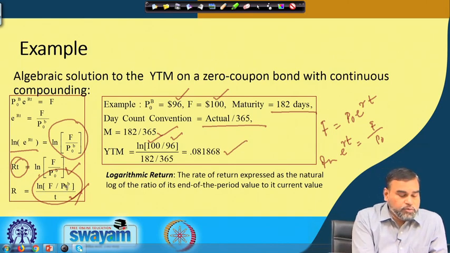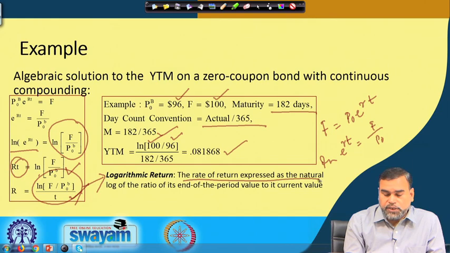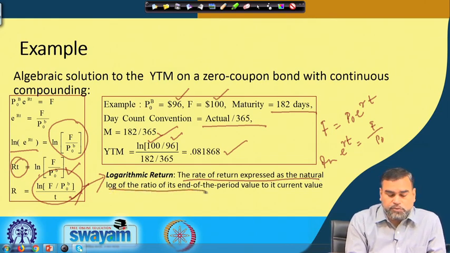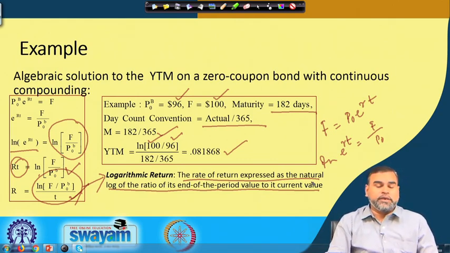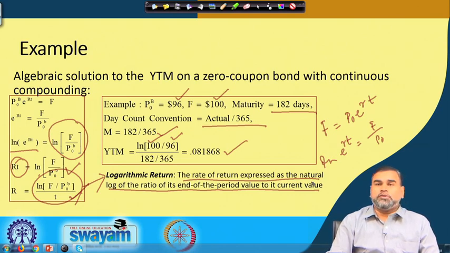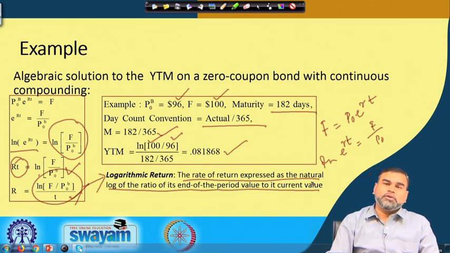The logarithmic return we are considering here is the rate of return expressed as a natural log of the ratio of the end of period value to the current value. You have to keep that in mind. So, this is the way the YTM on a zero coupon bond with continuous compounding can be calculated. That means r is equal to ln of F by P0 divided by the time period, which is t.